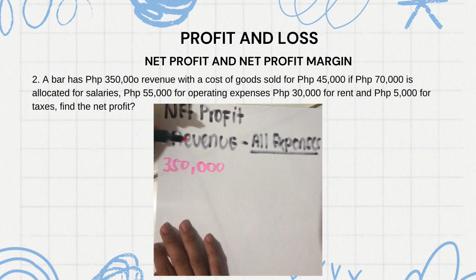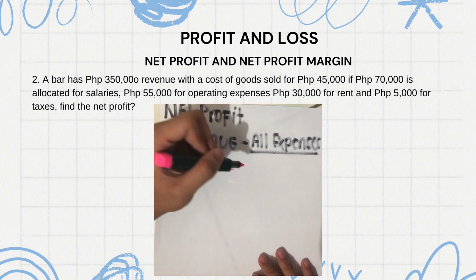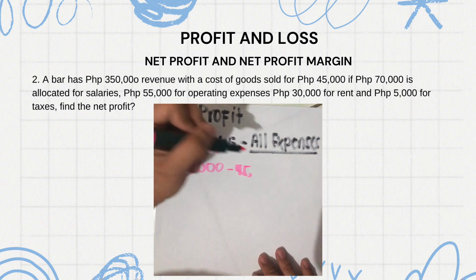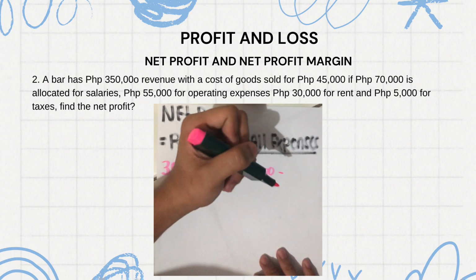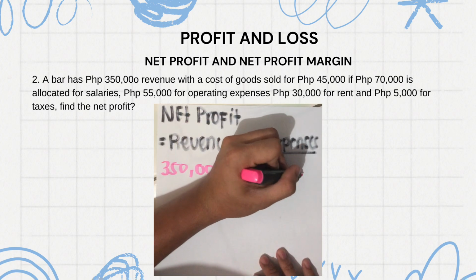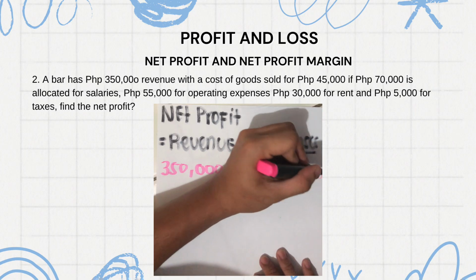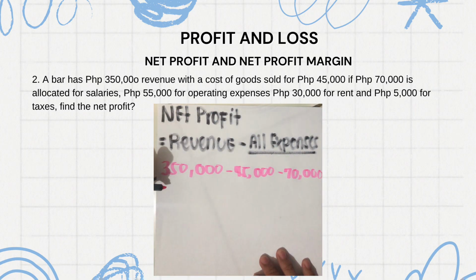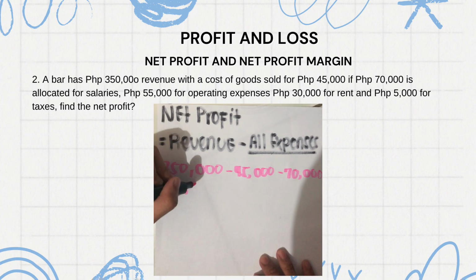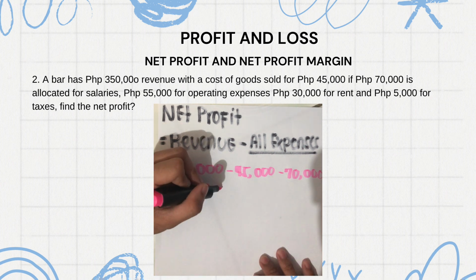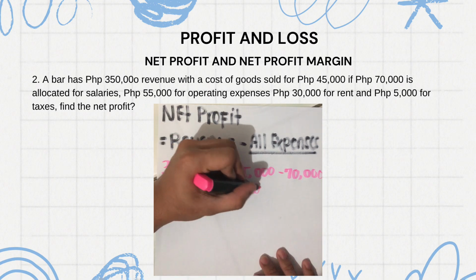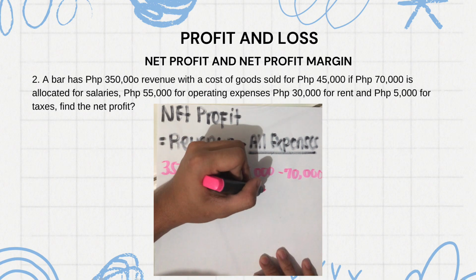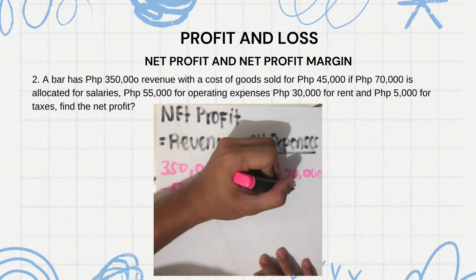Revenue for this problem is 350,000 subtract 45,000 pesos minus 70,000 pesos and minus 55,000 pesos minus 30,000 pesos and minus 5,000 pesos.